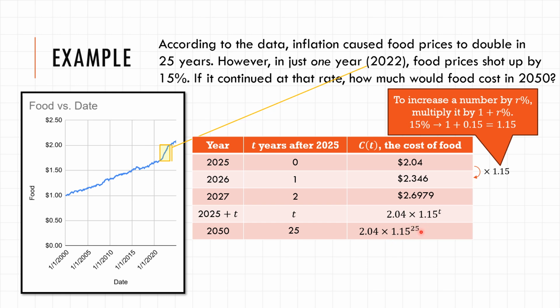And that means that same cupcake that cost $2 in 2025 will, by my estimate, if food prices keep going up by that much every year, cost $67.15.